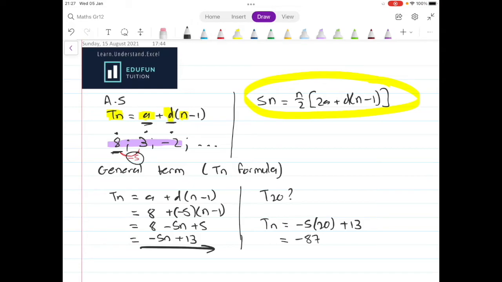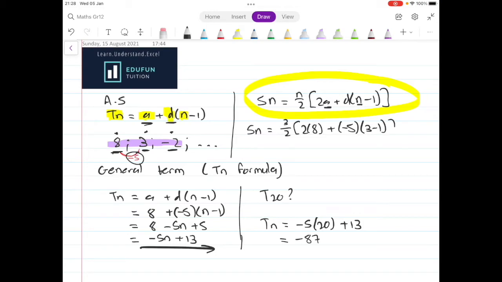So watch this. So here, we're going to have it as Sn. We're going to find the sum of the first 3, because we only have 3 terms so far. And our a value is still the same, 8, plus the difference of minus 5. And how many terms are we dealing with? Like we said, we are dealing with 3 terms.